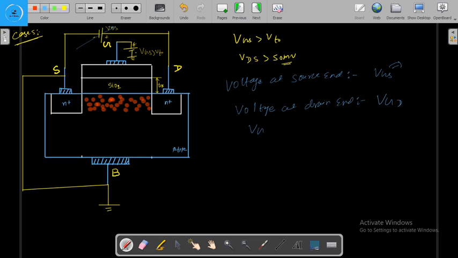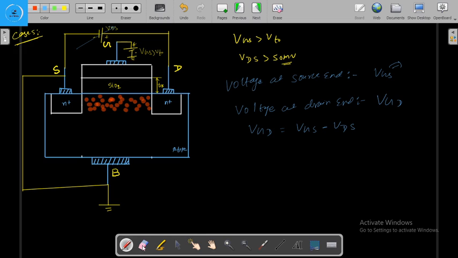This will be equal to VGS minus VDS. Now, when we increase the drain current, the channel will be non-uniform. The channel will be non-uniform.